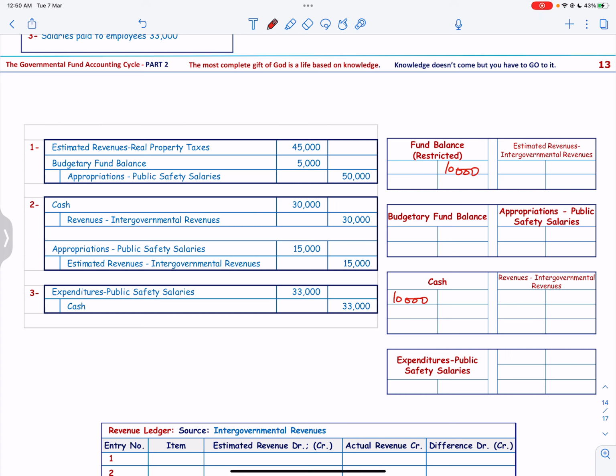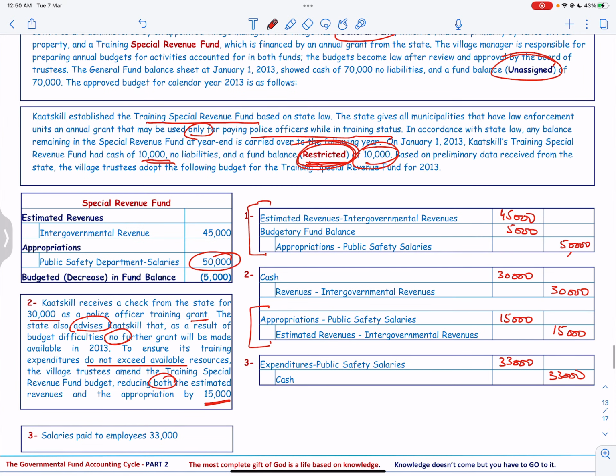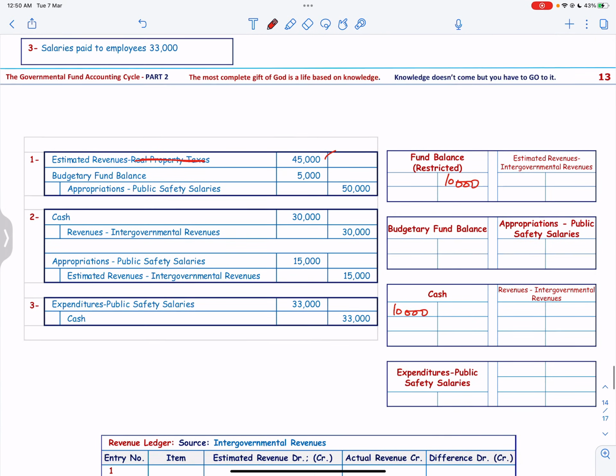Then we have estimated revenue, real property taxes. There is an error here, it should be intergovernmental revenues.